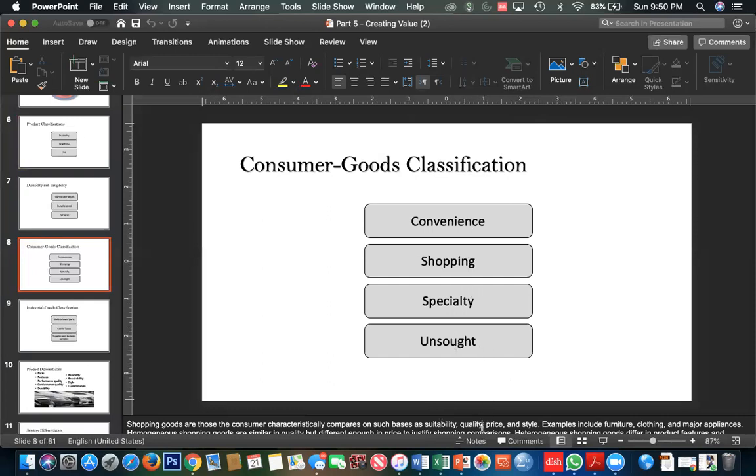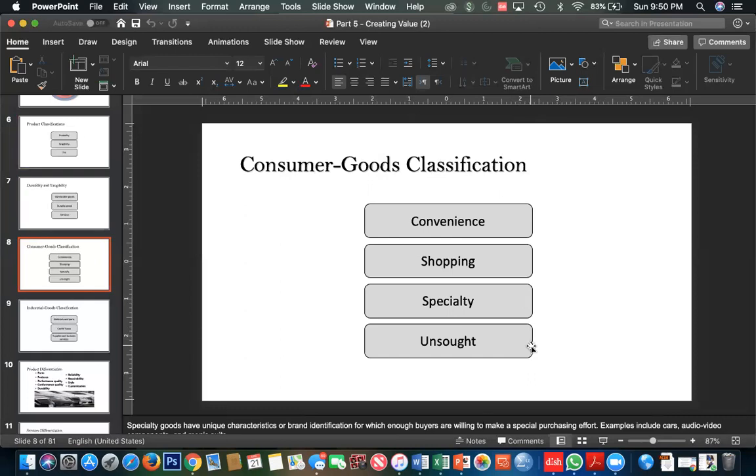Next come the specialty products. With specialty products you are more involved in the purchase, there are certain elements that trigger your decision one way or the other, and people have to put more effort into purchasing the product, like a house, like a car, and things like that.